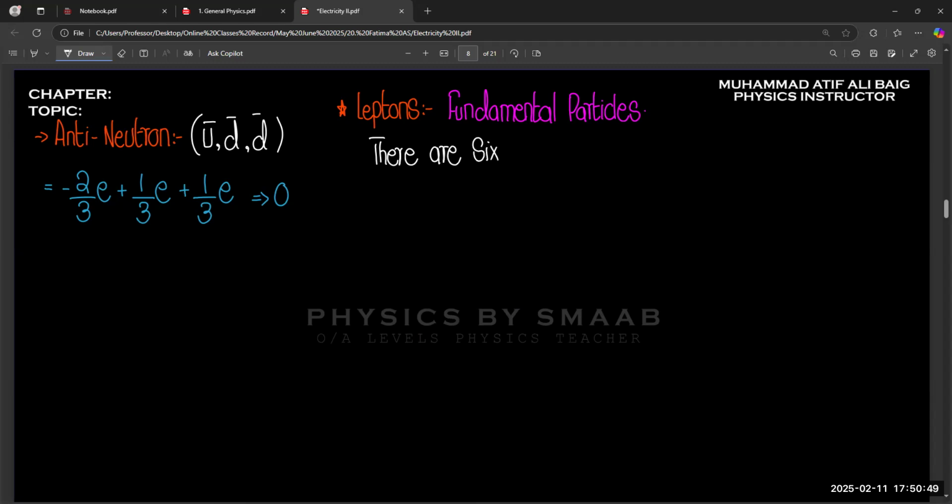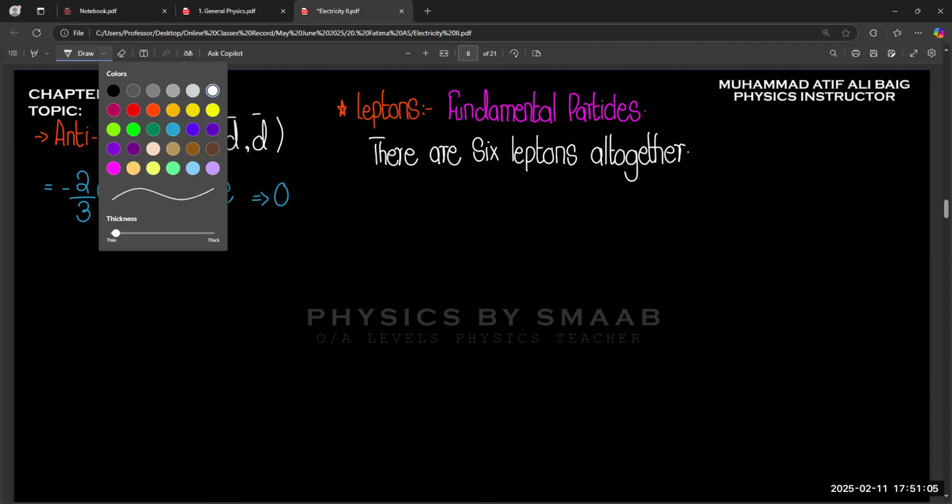There are six leptons altogether. The first one we have is electron.